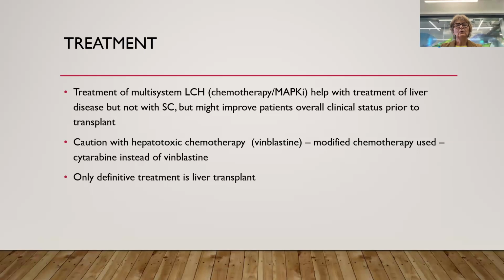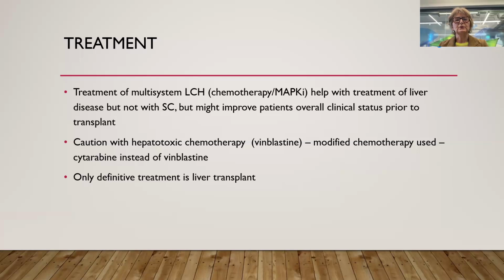So what do we do to treat these children? First of all, we treat multi-system LCH. We use chemotherapy or we use MAP kinase inhibitors. While this helps with the treatment of the liver disease, it doesn't help with sclerosing cholangitis. However, both of these treatments might improve patients' overall condition, so they can go relatively well into a transplant.